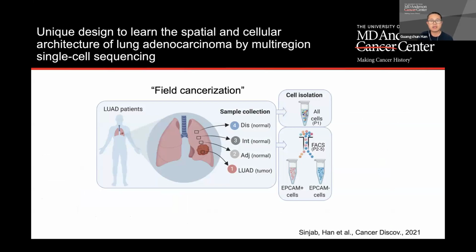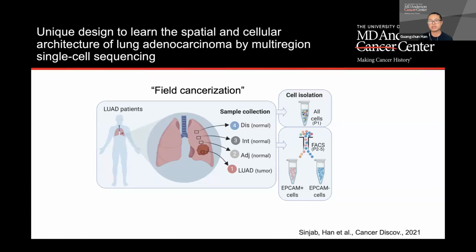For every patient, we collected four tissue areas, including the tumor area and three normal lung areas coming from the same patient. Using this design, we are able to better understand the changes related to the concept of field cancerization, which is one of the key and most important concepts gradually developed in the recent decade regarding lung cancer studies. This one was already published in 2021.